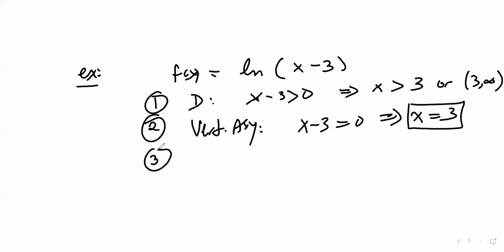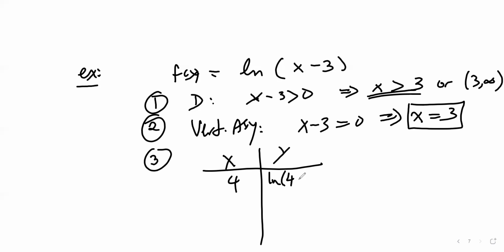Let me make a table right here. My x values are going to be bigger than 3, so I can start with 4. Then ln of (4 minus 3) is ln 1, which is 0. So I have (4, 0). You can try a bunch of other numbers after this. You can try 5, which is ln of (5 minus 3), and that's ln 2.